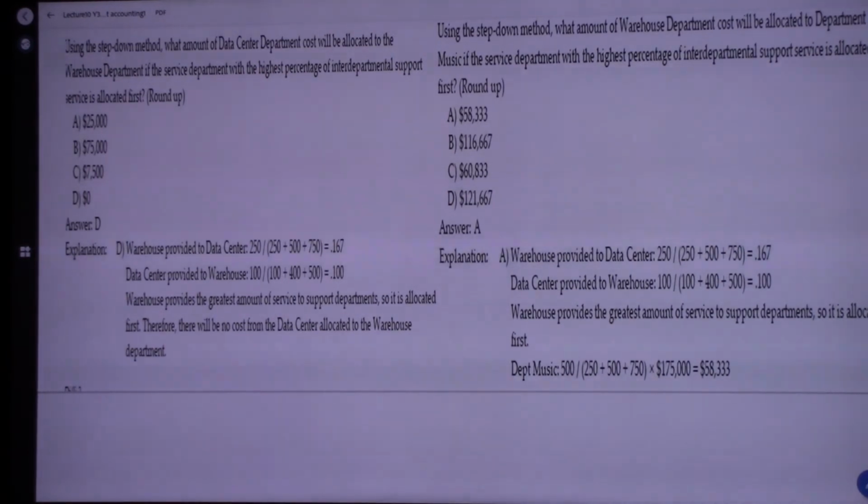The result is going to be 58,333 US dollars. The correct answer is going to be letter E.